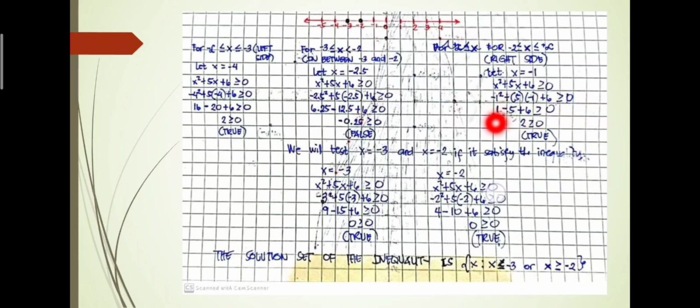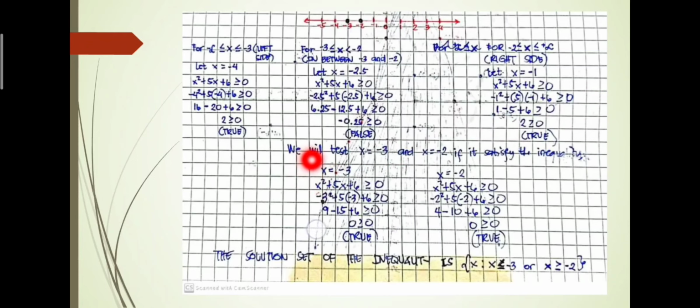Negative 1 squared is negative 1 times negative 1 is equal to positive 1. Then, positive 5 times negative 1 is negative 5. Then, plus 6 is greater than or equal to 0. 1 minus 5 is negative 4. Plus 6 is positive 2. So, greater than or equal to 0, which is true.